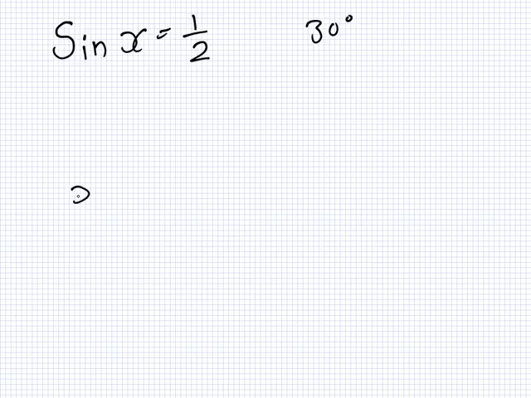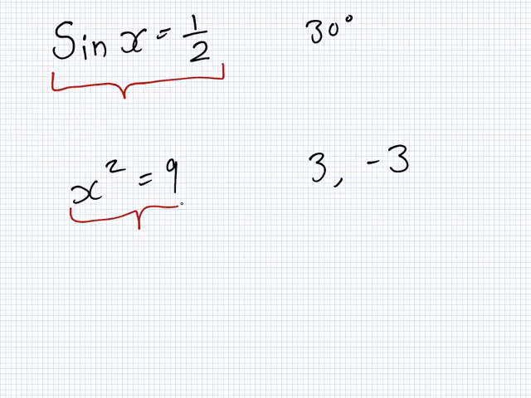Now, if I said solve this, what's the answer here? Yeah, 3 and minus 3. So, in fact, these types of equations are a little bit like this type in that there's two answers, or more than one answer.